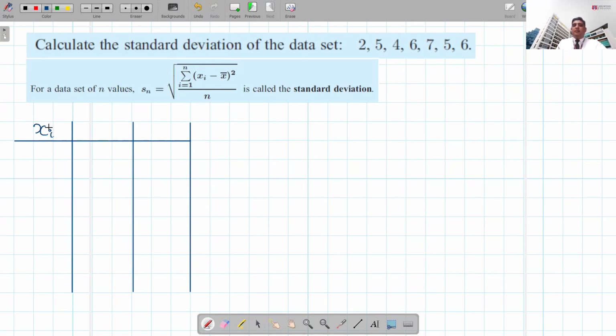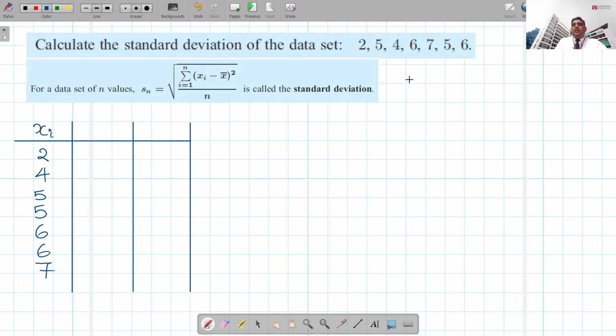It means each and every piece of data. So 2, 4, 5, 5, 6, 6, 7. Now I wrote this data in ascending order. You don't have to do it. That's not absolutely necessary. I just wrote it down this way so that it is easier.